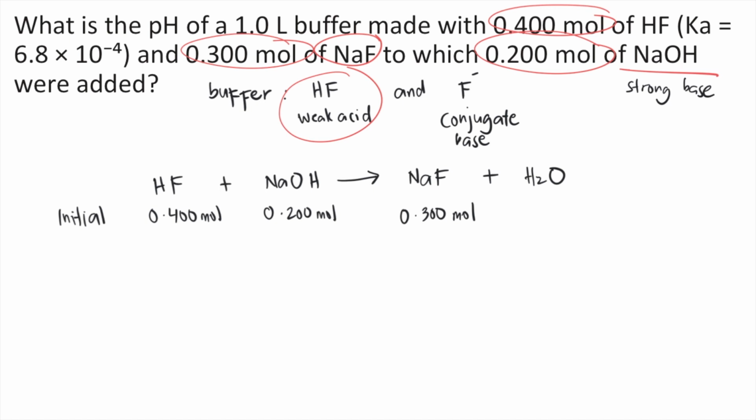Let's move on to the change. So look at the left side of the reaction. So we have HF 0.400 moles and NaOH 0.200 moles. So obviously NaOH is the limiting reactant. So NaOH will get consumed completely.